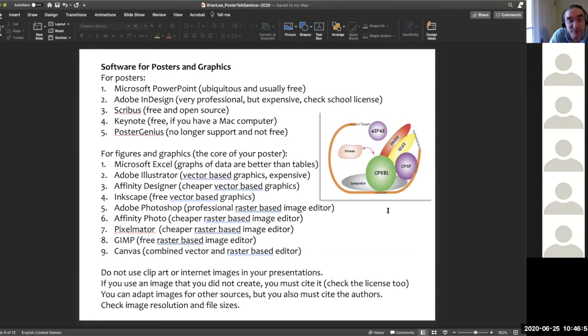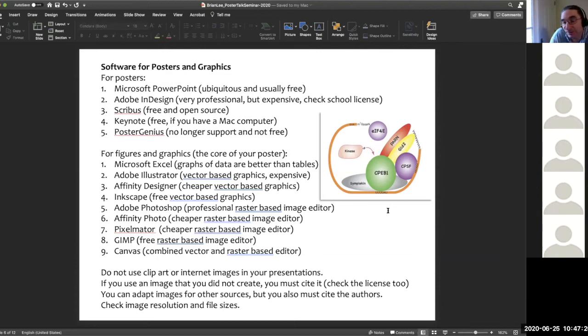That works pretty well. The other type of graphics editor is a raster-based image editor, and probably all of you have heard of Photoshop. Photoshop is good for editing photos, but it's also good for editing pictures that you might have that are associated with data that you've collected in the laboratory. So Adobe Photoshop is a raster-based image editor.